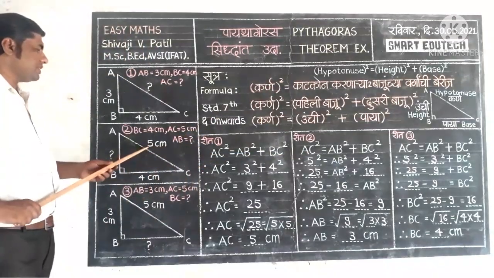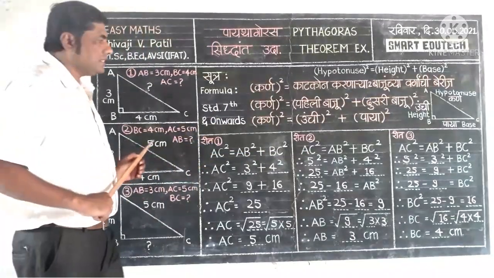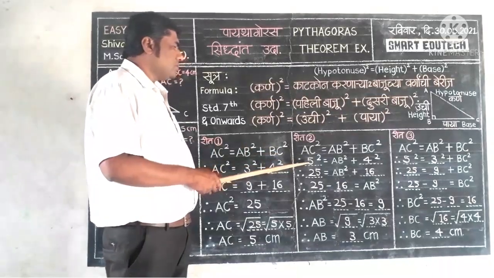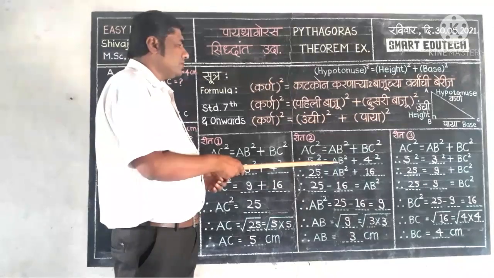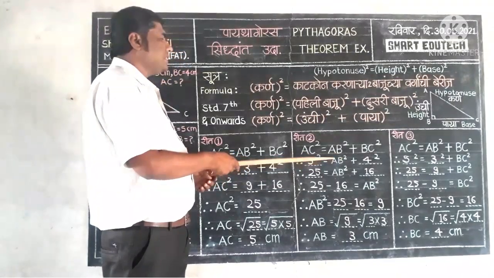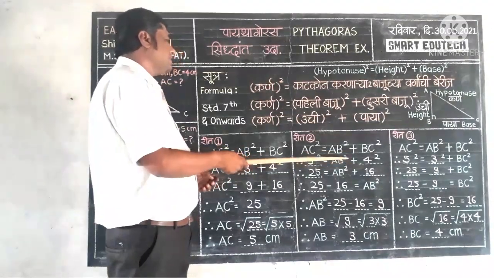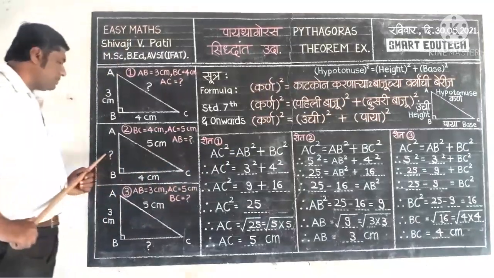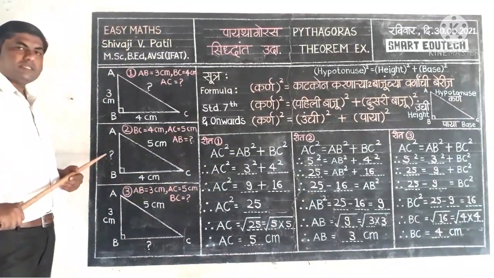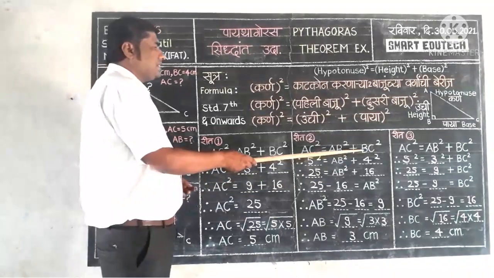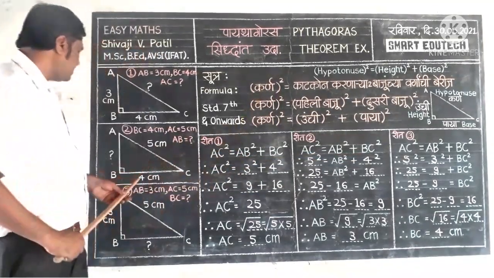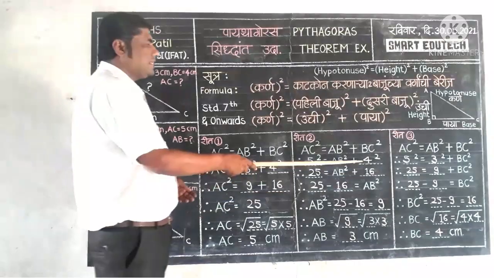The value of AC is 5 centimeter, so write 5. 5 square is equal to AB square. I have written AB as it is, plus, because we have to find the value of AB. The value of AB is not given, and the value of BC is given here, 4 centimeter. So write here 4 square.